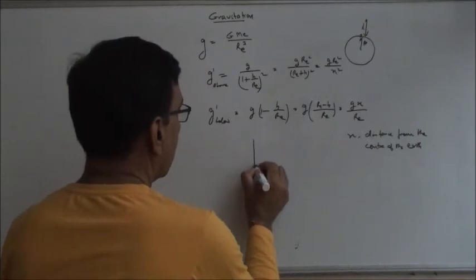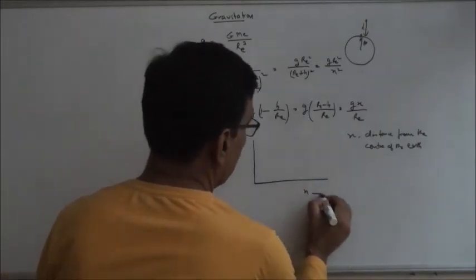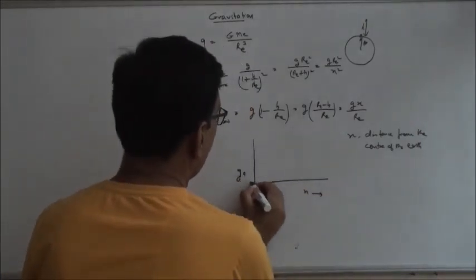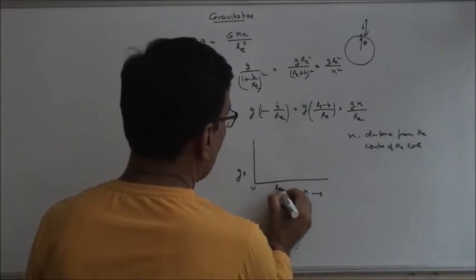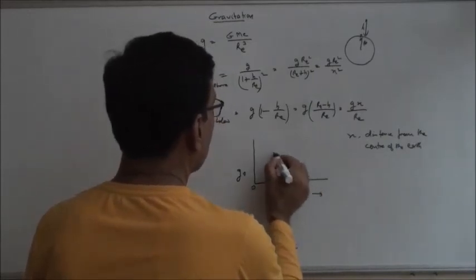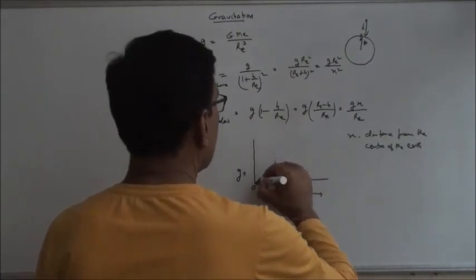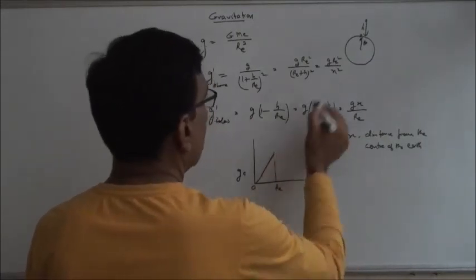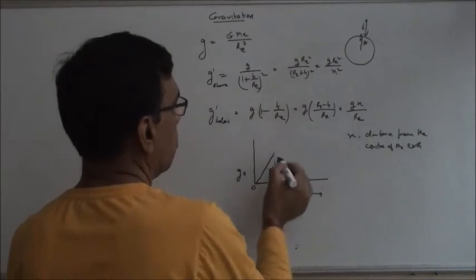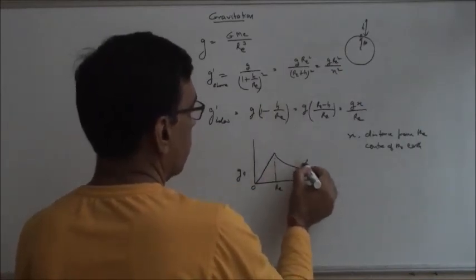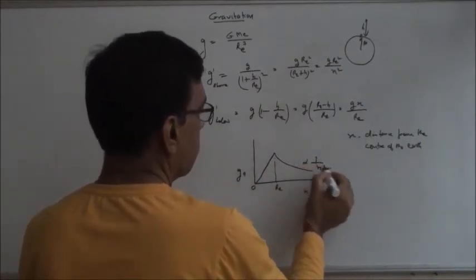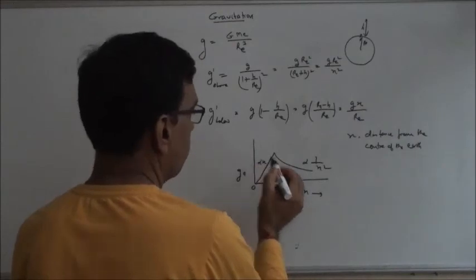So what type of graph will we get for x, g? 0 up to Re and then, it is a straight line, it increases, and then it is inversely proportional to x square. So here it is inversely proportional to x square, and inside it is proportional to x.